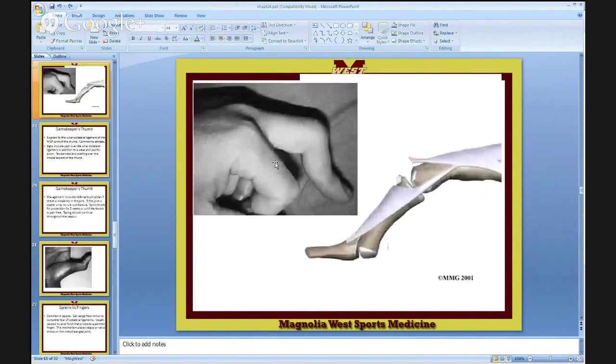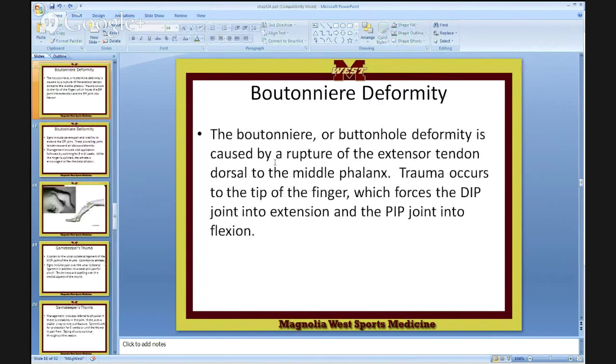Number 16. Slide 16. Oh, well, you'll know this one then, won't you, just by reading the slide. Blank is caused by a rupture of the extensor tendon dorsal to the middle phalanx. Trauma occurs to the tip of the finger, which forces the DIP joint into extension and the PIP joint into flexion, and that gives you boutonniere deformity.